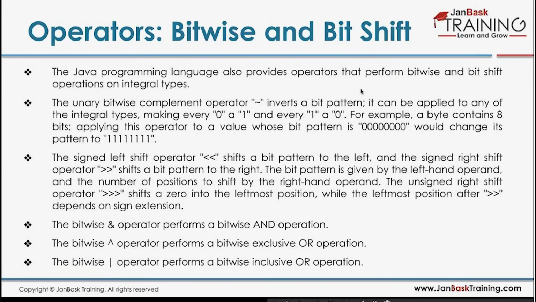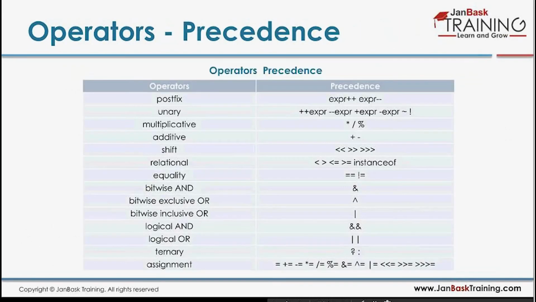We already saw the bitwise operators. So how do you do bitwise comparison, and what is bit shifting? Now this is important for us to understand: operators have a precedence. What I mean by operator precedence is which operator acts first, let's say if I write a complex statement, A plus plus and then B plus C multiplied by D divided by E. Now it's a complex statement.